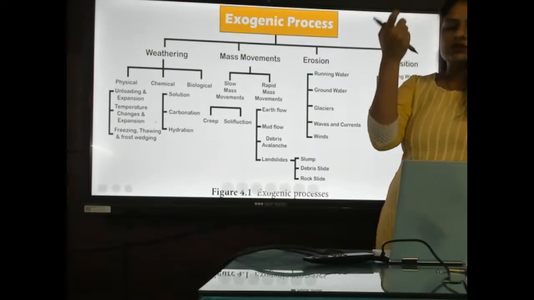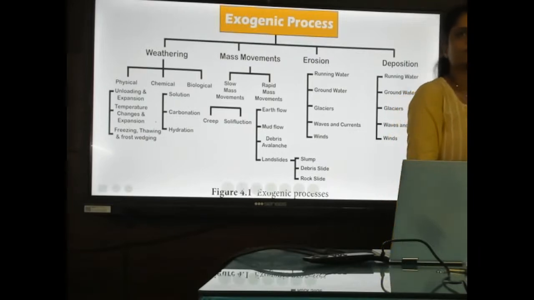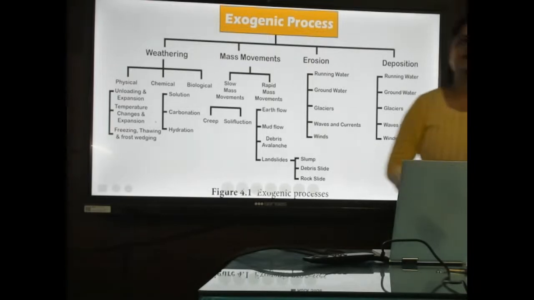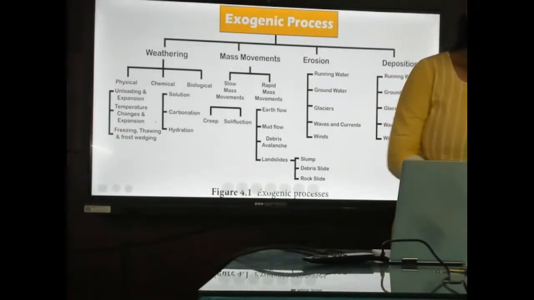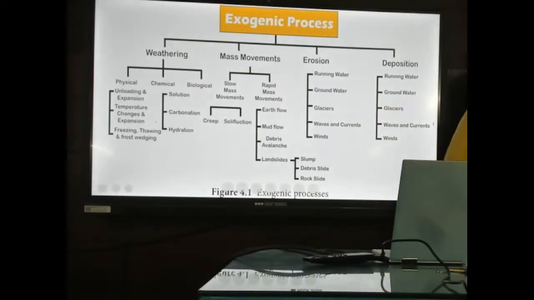Now suppose I ask, which is the largest port in India? Visakhapatnam? Jawaharlal Nehru Port, right? It is also called Nhava Sheva Port. So what is Mazagon?